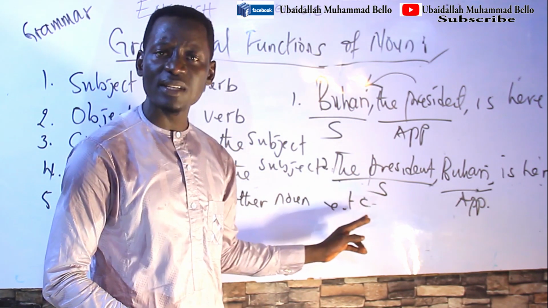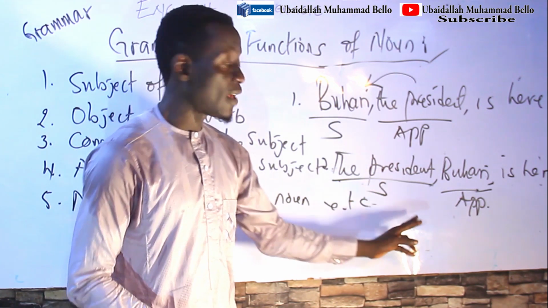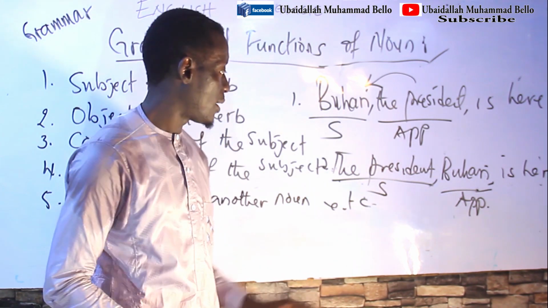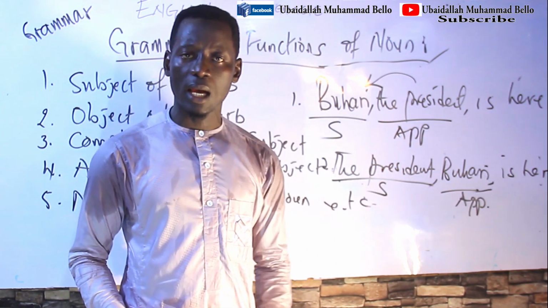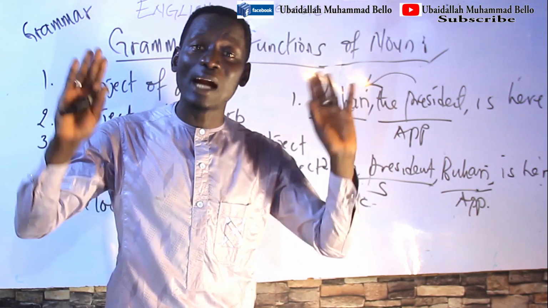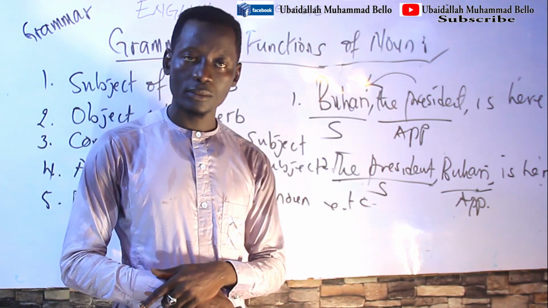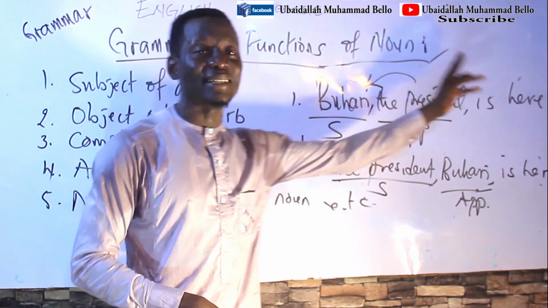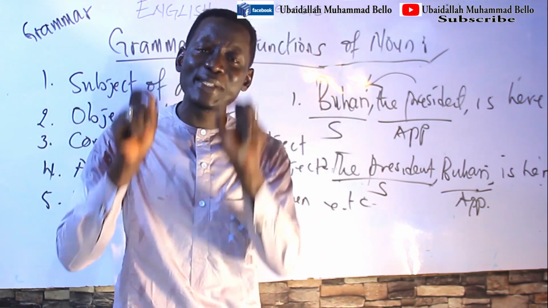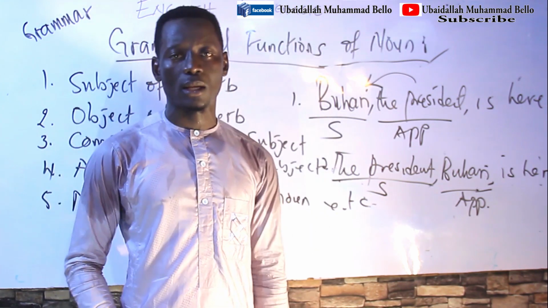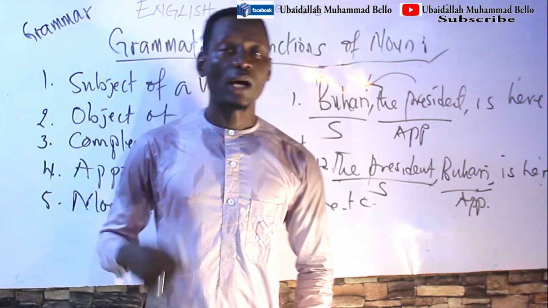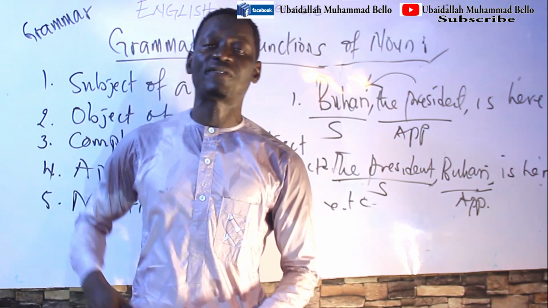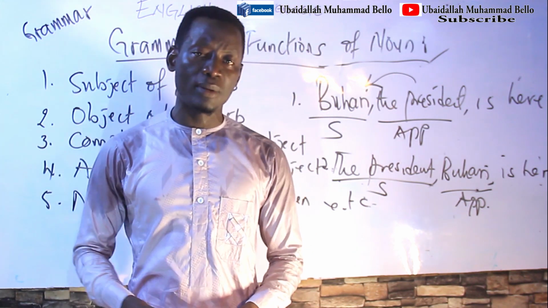If you remove the president in this sentence, you leave Buhari is here, the sentence is still grammatically okay. If you remove Buhari and just leave the president is here, the sentence is also grammatically okay. But refer back to our discussion and the example we've given on subject complement.